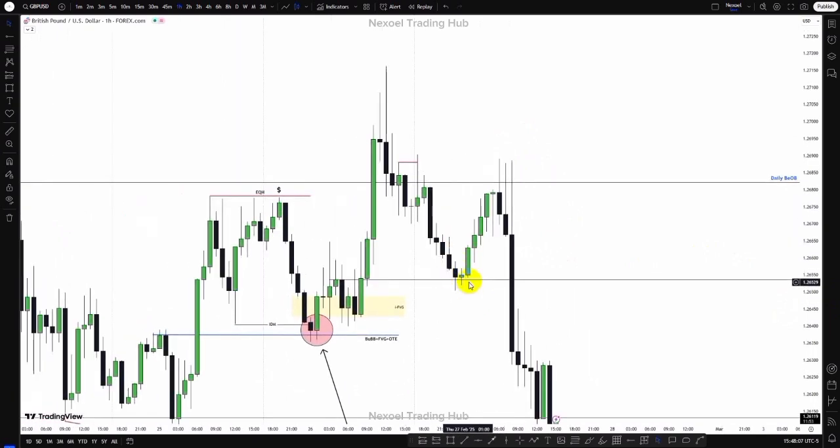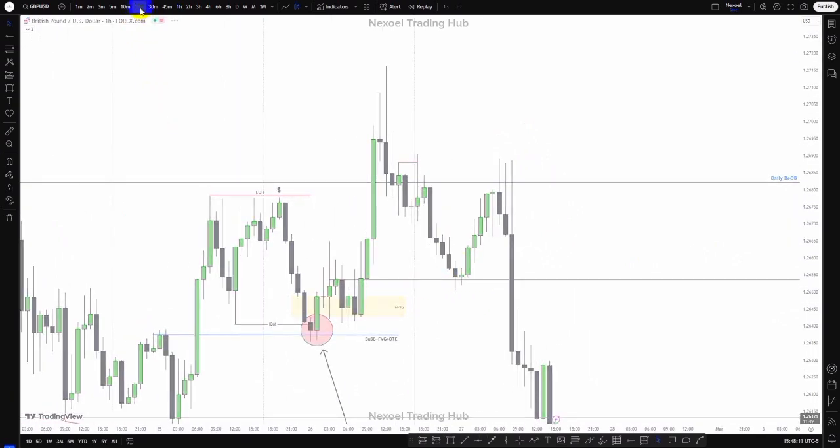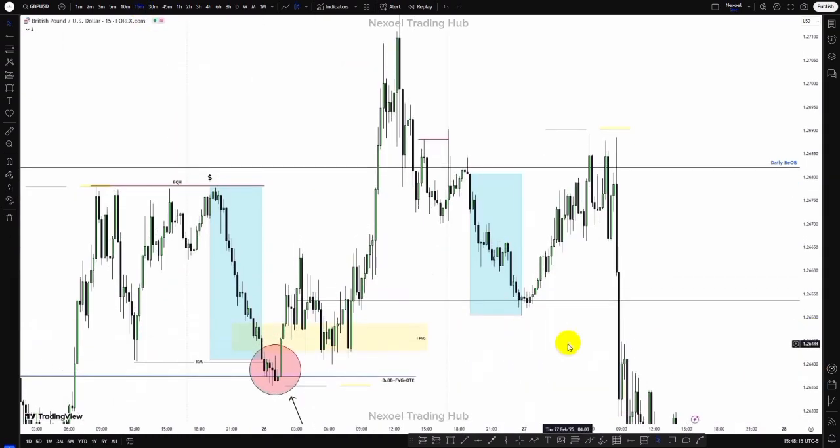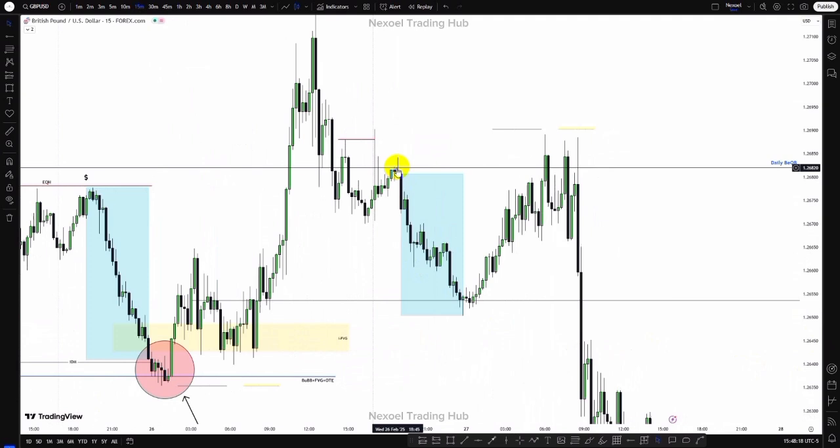So what framed the entry here further was in the 15-minute time frame. Let's get to the 15-minute time frame. What we can clearly see from the 15-minute time frame is we had this fall to the downside, price giving us this bearish movement. So we can see that this is our what?